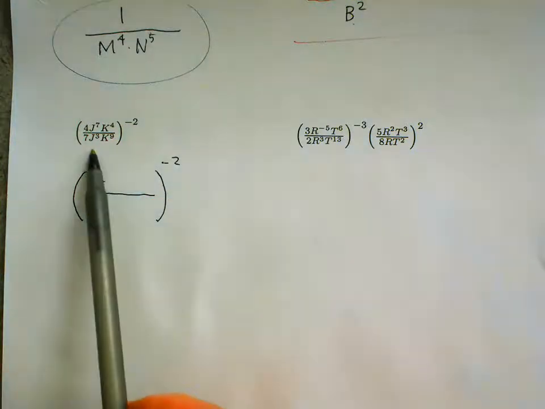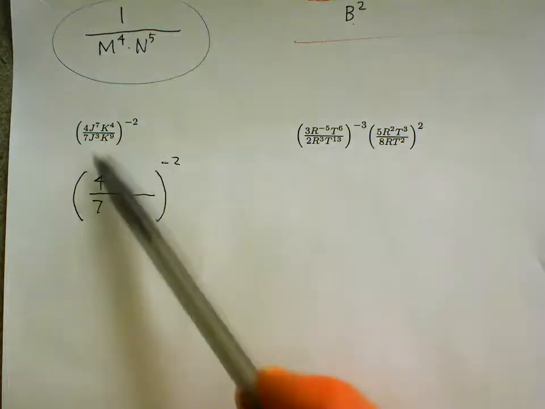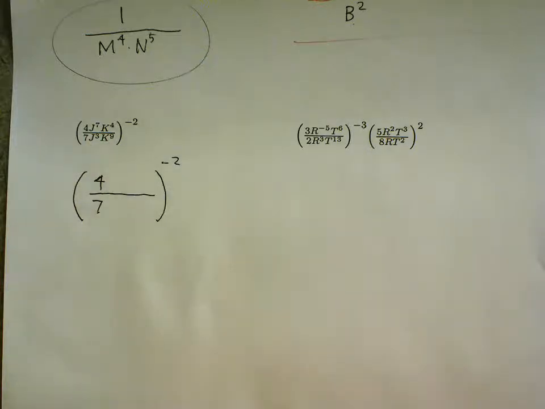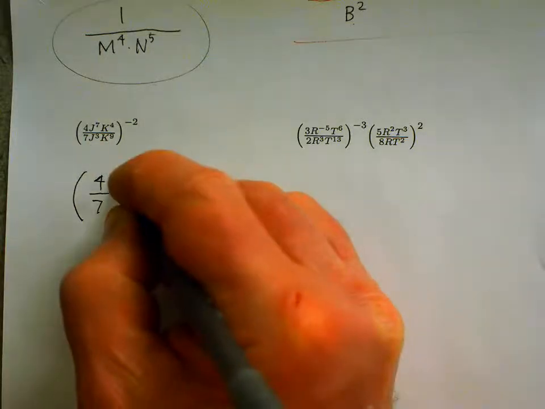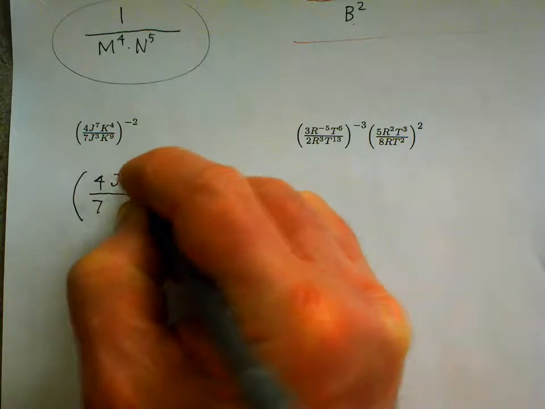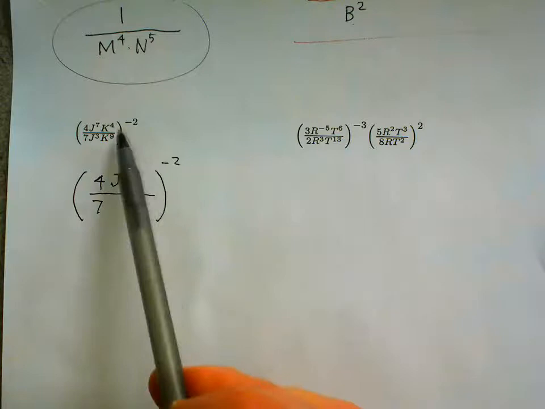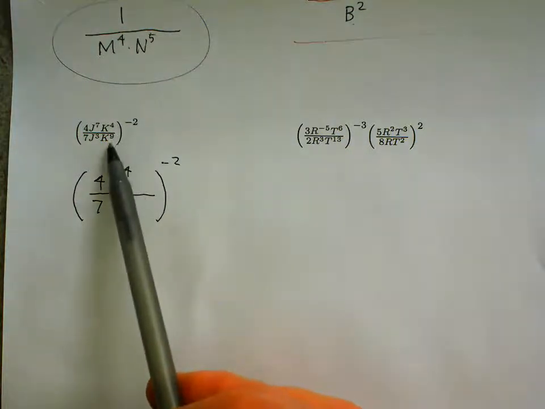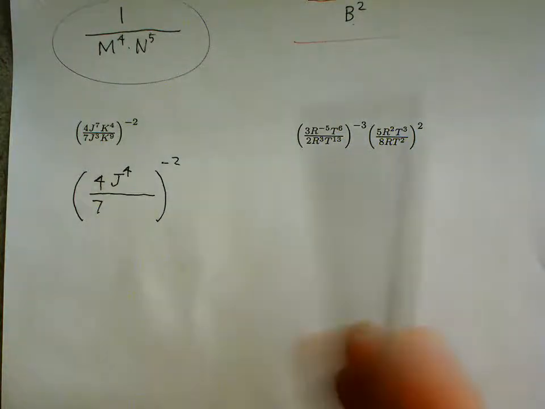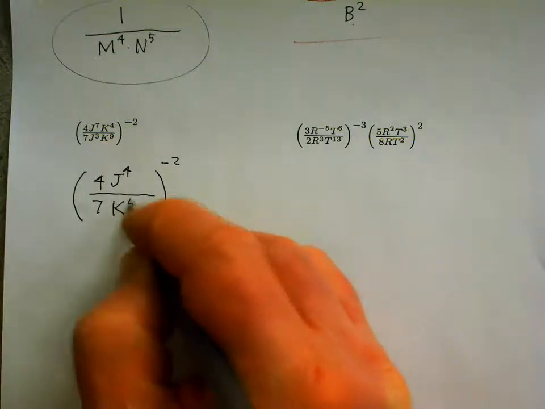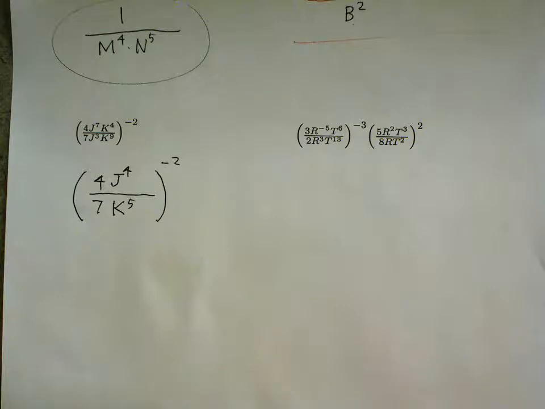And then if we focus on j to the 7th divided by j to the 3rd, that's equivalent to j to the positive 4 in the numerator. And then k to the 4th divided by k to the 9th, that's equivalent to k to the positive 5 in the denominator.